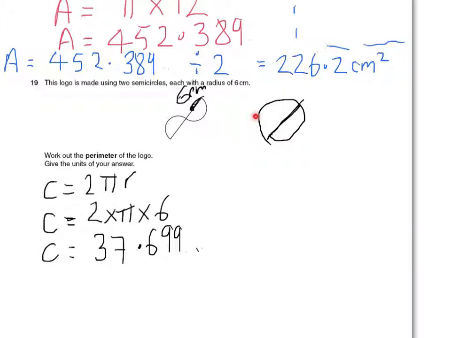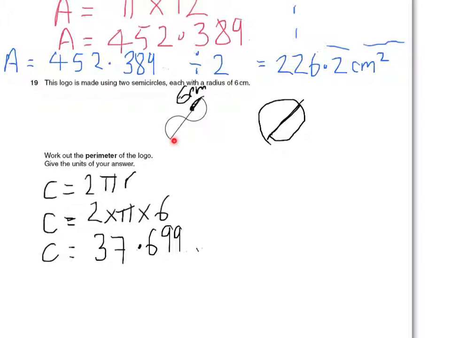So we've got the distance around the curved section. However, this isn't the final answer. To find the full perimeter, we also need to add in these straight sections. What is the distance from here to here? The distance from the edge to the middle is 6 centimetres on both sides, so the diameter here is 12 centimetres. We've got two of these, so 12 here and 12 here. On our 37.699 for the entire distance around the curved section, we now need to add on 24.